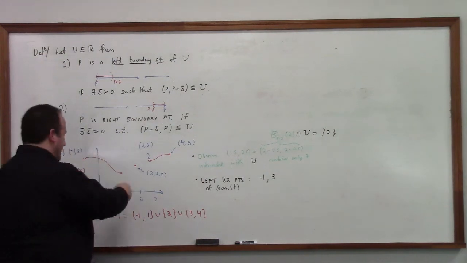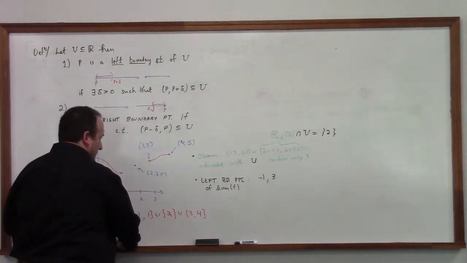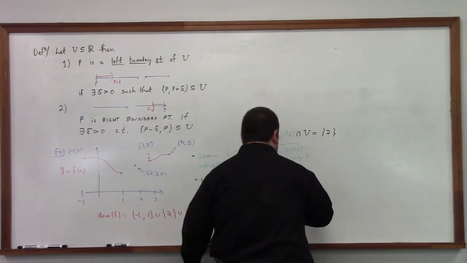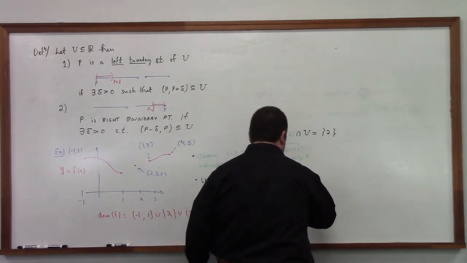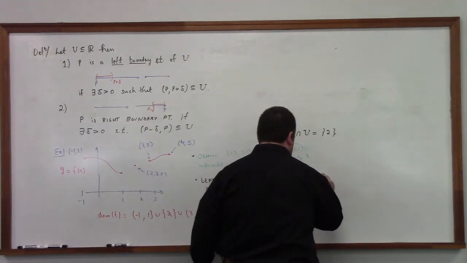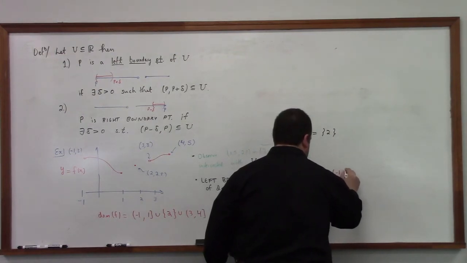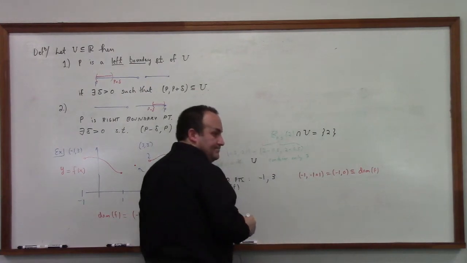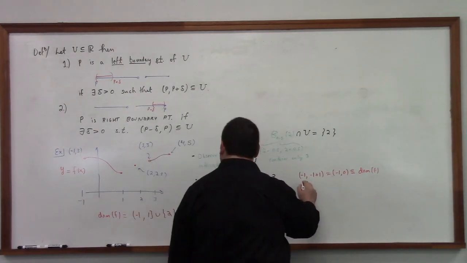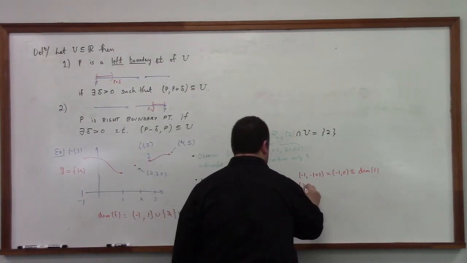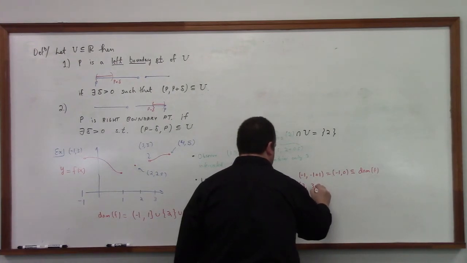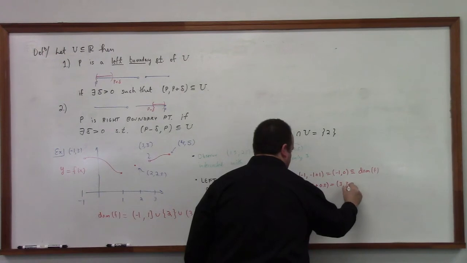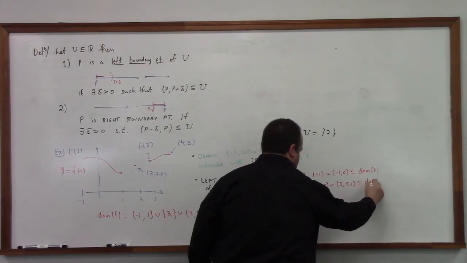So why is it 3? So like both of these here, the proof is, if we look at, say, -1 comma -1 plus 1, that's -1, 0. That's a subset of the domain of F, right? And if I looked at 3 comma 3 plus 0.5, for example, that's a subset of the domain F, right?